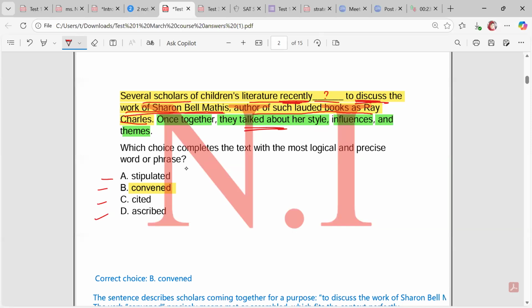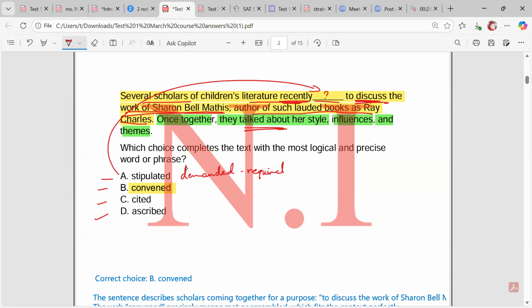Now we have here stipulated. Stipulated means demanded, required. We have to write these words down. So try to drag each one.